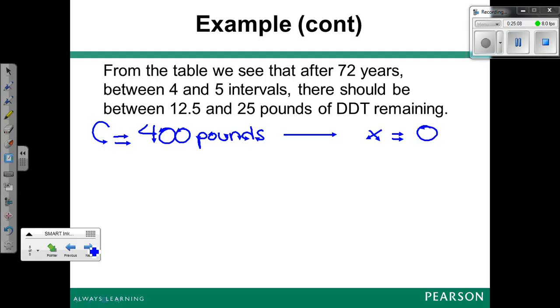Now, at time, what is the half-life? 15 years. So it will be half of the original, right? So what will be the final amount? 200. Let's color Y.